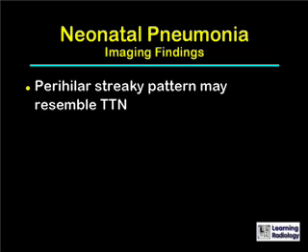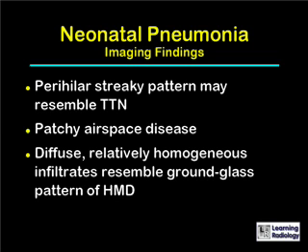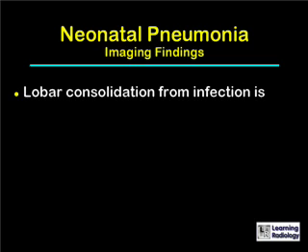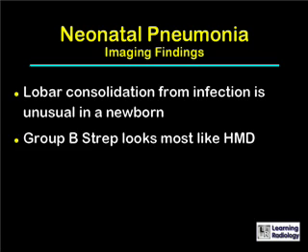Imaging findings include perihilar streaky densities, very similar to transient tachypnea of the newborn. There can also be patchy airspace disease. Diffuse, relatively homogeneous infiltrates can sometimes be seen, resembling the ground glass pattern of hyaline membrane disease, and there may occasionally be pleural effusions. Lobar consolidation, a hallmark of pneumonia in an adult, is unusual in a newborn.